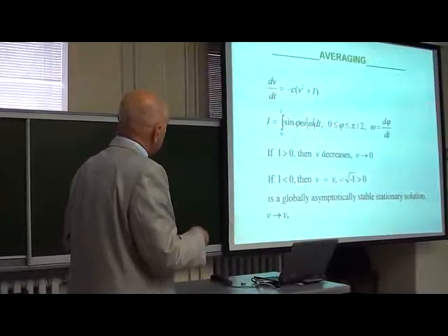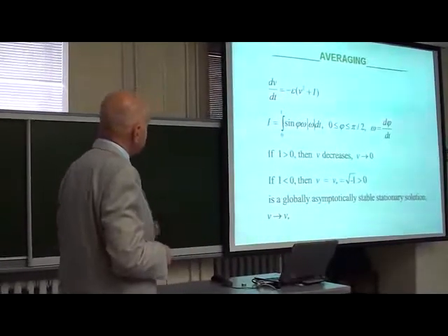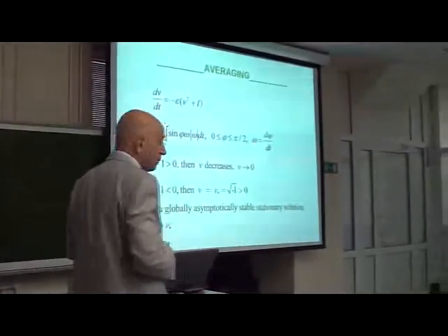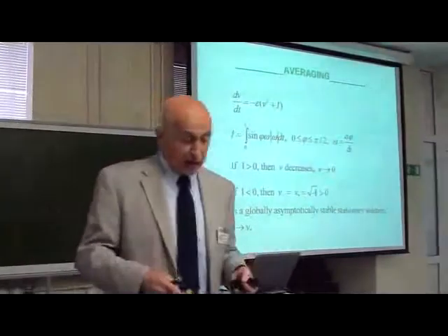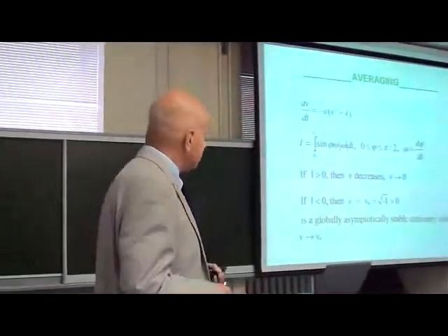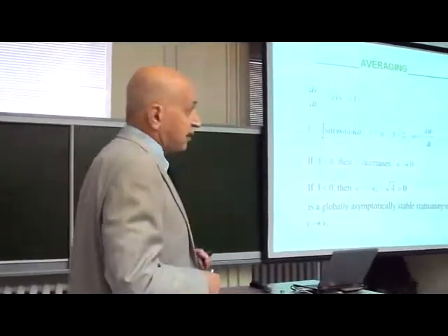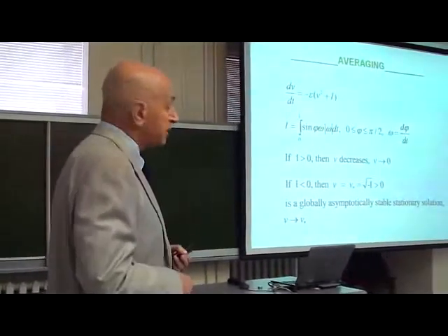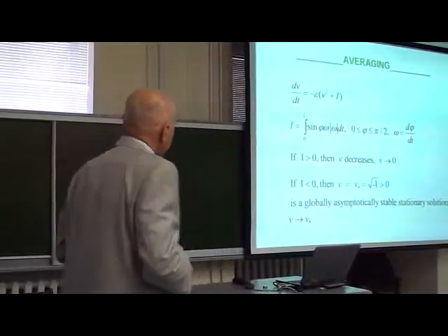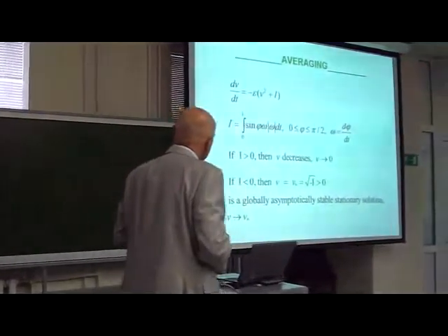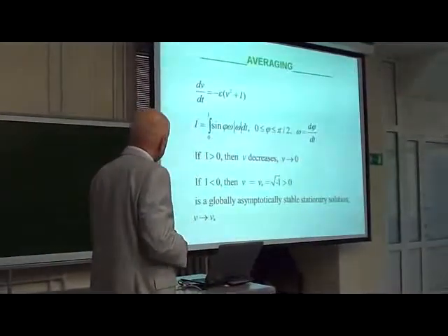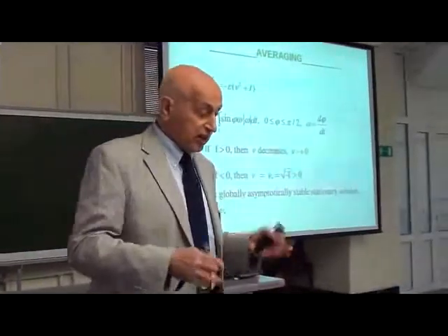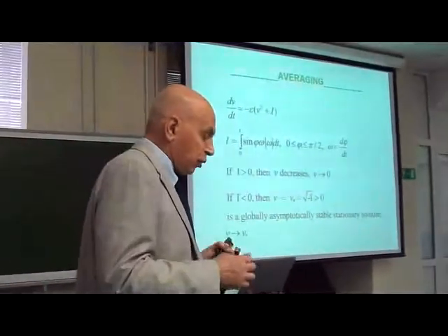So to find the equation in explicit form, we must prescribe some time history of the angle, and of course the angular velocity as its derivative. Then find this integral capital I, and then we have a very simple differential equation. Note that if this I is positive, then the right-hand side is always negative, the velocity decreases, and at last the body stops.